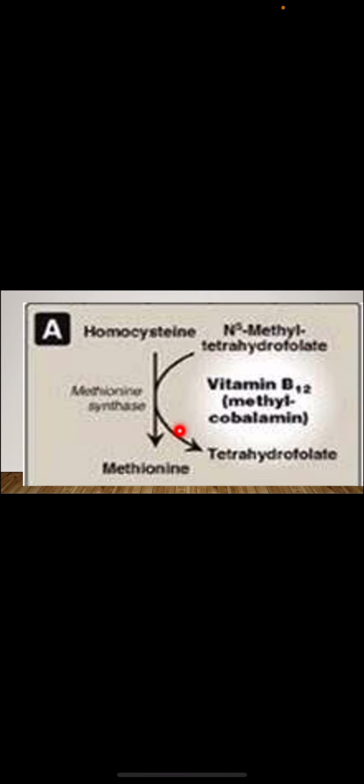Here vitamin B12 and folic acid, the N5-methyl form of folic acid, is used, and thus this methylation converts homocysteine to methionine. Here N5-methyl tetrahydrofolate, when the methyl group is given to homocysteine, converts into tetrahydrofolate, and homocysteine converts into methionine.